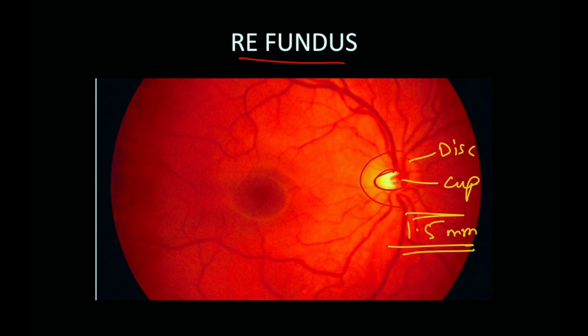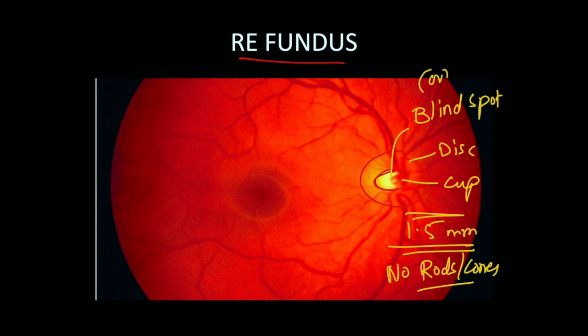It's usually pale pink in color, and there are no photoreceptors, no rods or cones in this area. Thereby, we call this part as blind spot, or Mariotte's blind spot. The guy who found this. This is about the optic disc in brief.